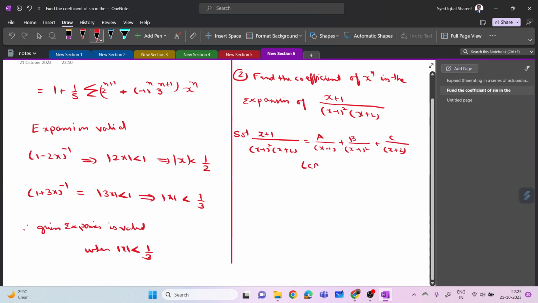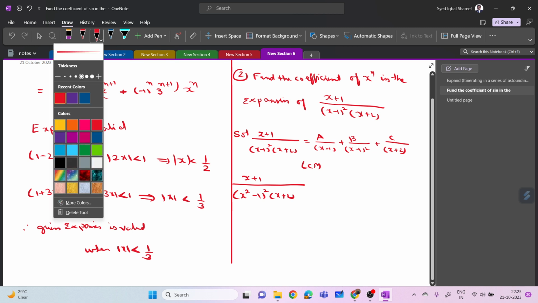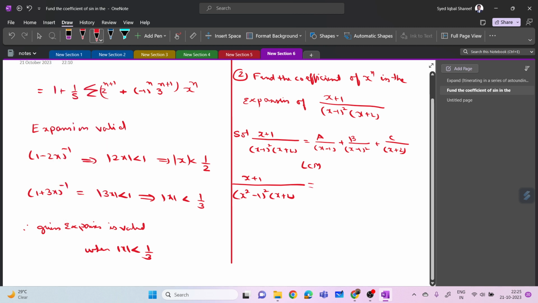Now taking the LCM, x plus 1 divided by x minus 1 whole square, x plus 2 equals, if you take the LCM, x minus 1 whole square, x plus 2.